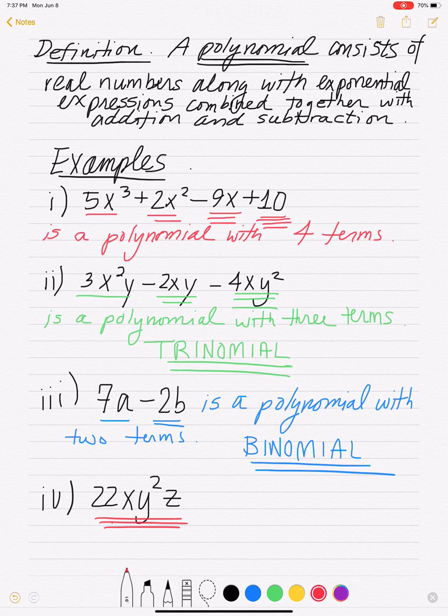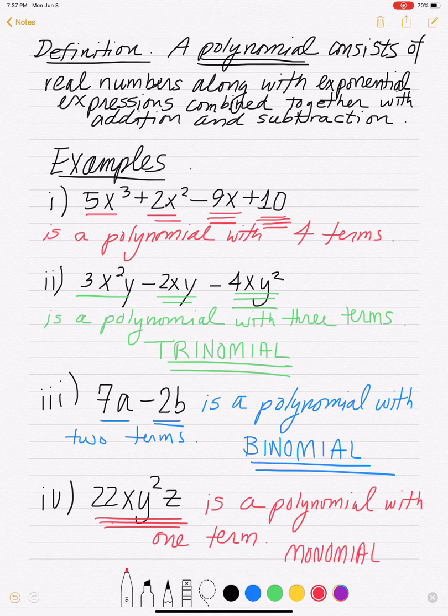So it's a polynomial with one term. And we call polynomials with one term a monomial.